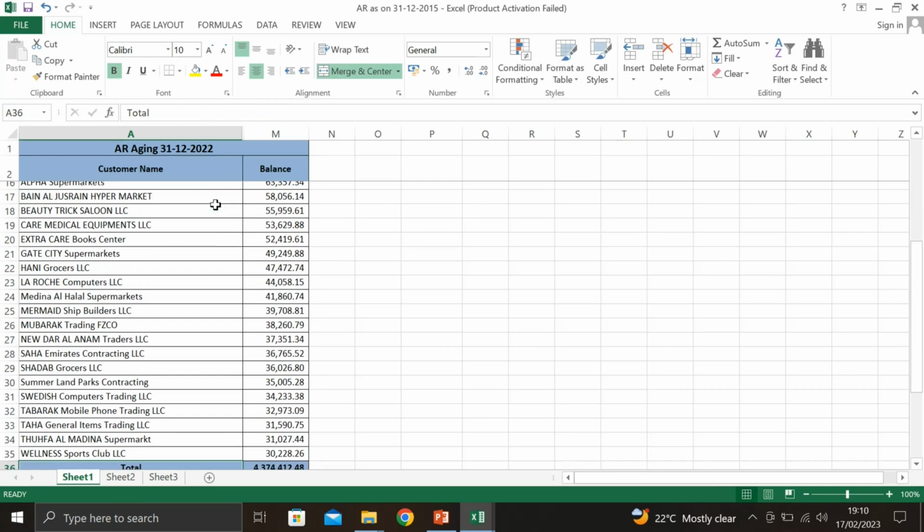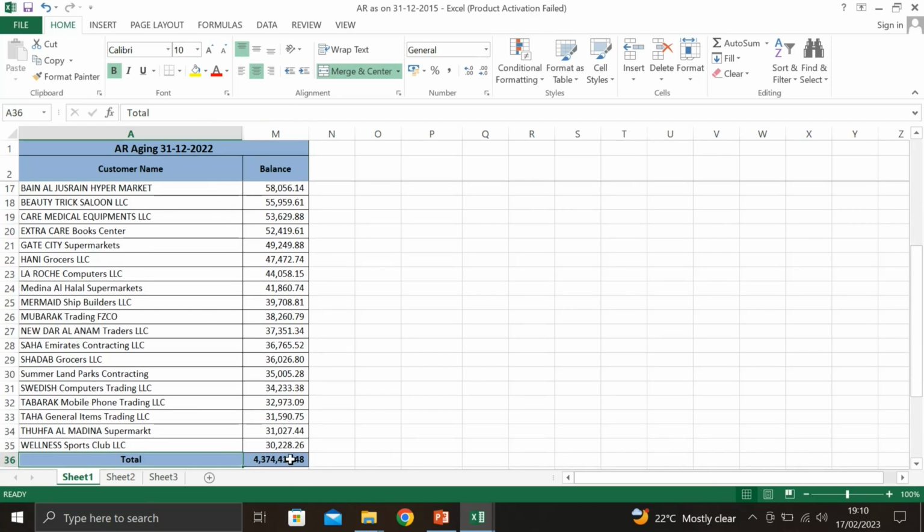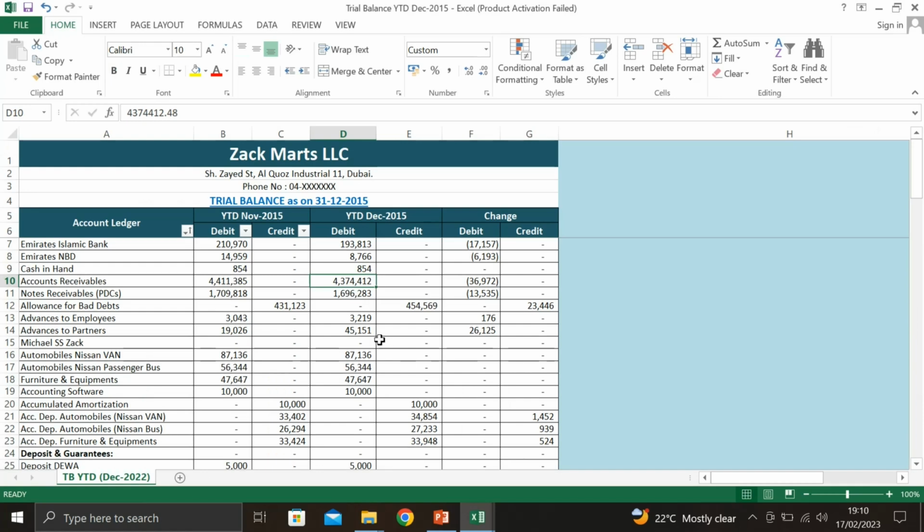If you see, the total 4.37 million is also coming here, and if you match it with the trial balance, it is the same figure, 4.374. So you need to reconcile these things before making your cash flow forecast.